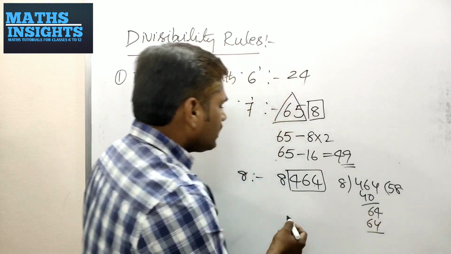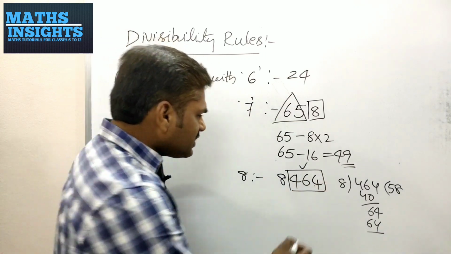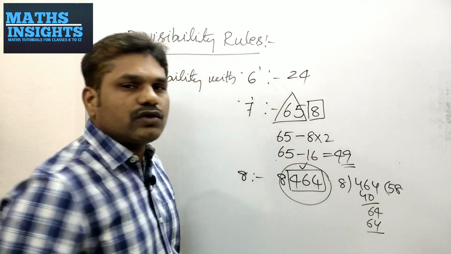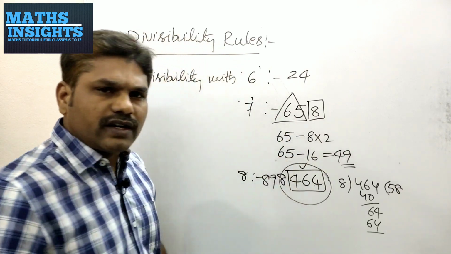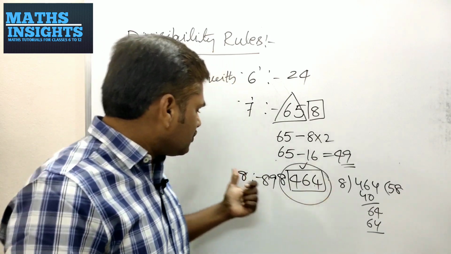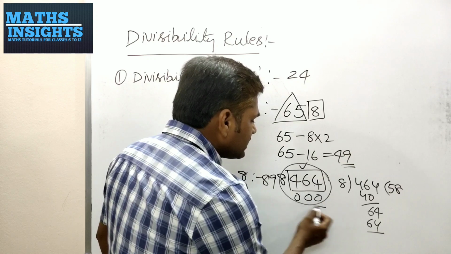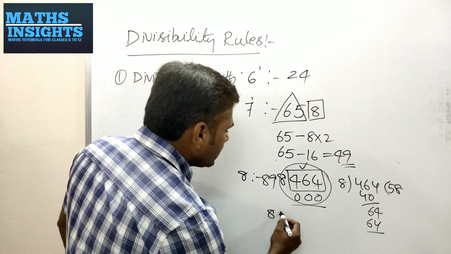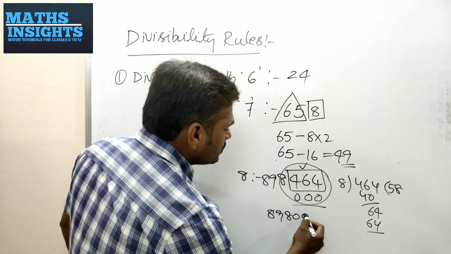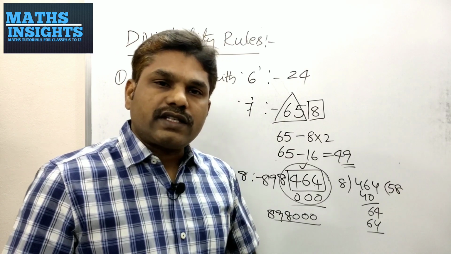See, these last 3 digits are exactly divisible by 8. Therefore, this total number is also divisible by 8, whatever the other digits are here. That does not matter. And also if you find these 3 digits as zeros, that number is also divisible by 8, like 8988000. This is also exactly divisible by 8.